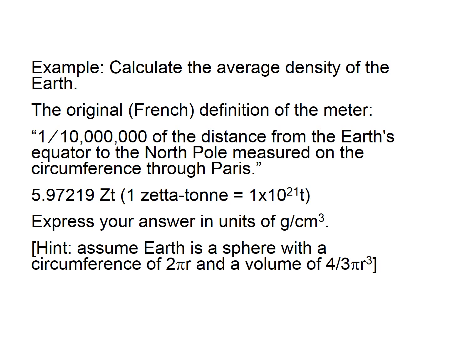And we can then just plug those numbers in and we get the answer. Would that answer be correct? No, it would not be correct because I want the answer in grams per centimetre cubed.